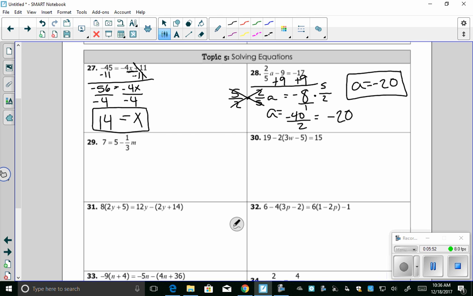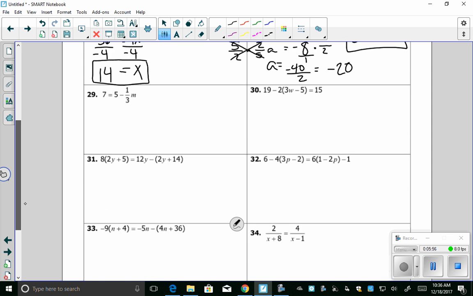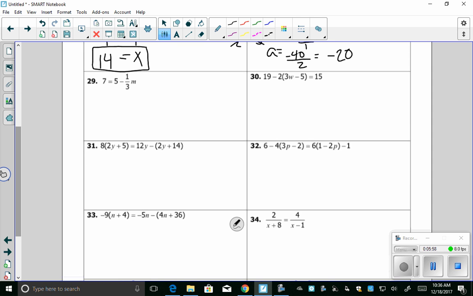Number 29. M is here, so I have to move the 5 first. In order to move the 5, I subtract it from both sides. So I'm going to have 2 equals negative 1 over 3m.